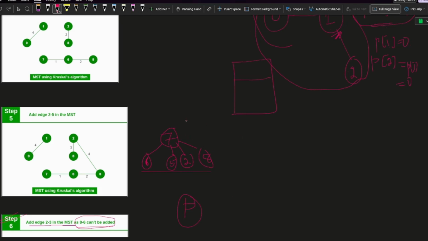So all of these sort of things basically came into picture. Okay, now let's say you have added two different components. Let's say you had these three and you also had these two.